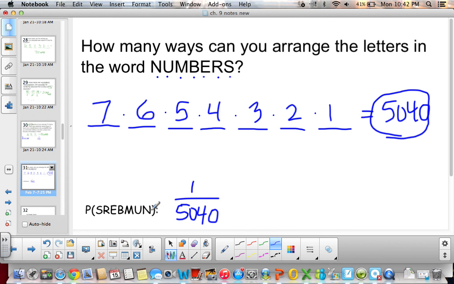This is the probability of picking that one arrangement that looks like this, 1 out of 5,040. Okay, so a few different things going on here, but we need to use all of them in order to figure out all the outcomes and the arrangements and the probabilities.